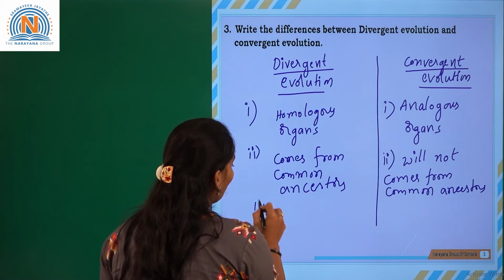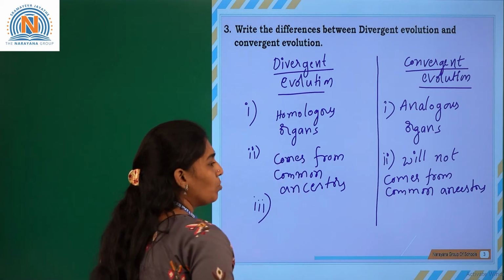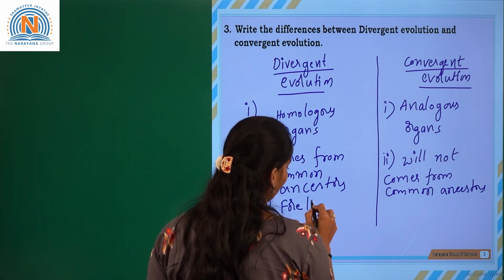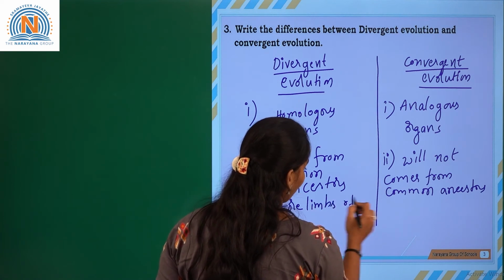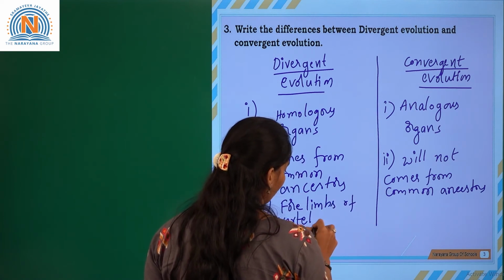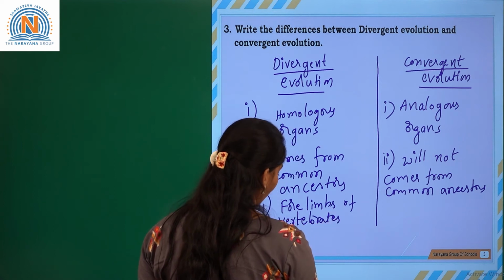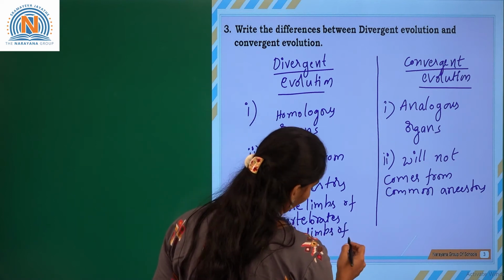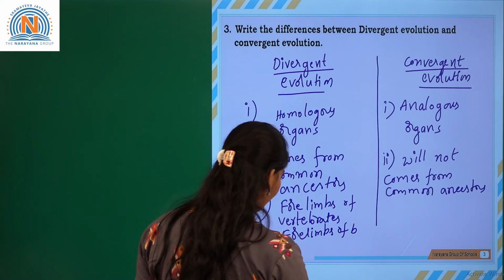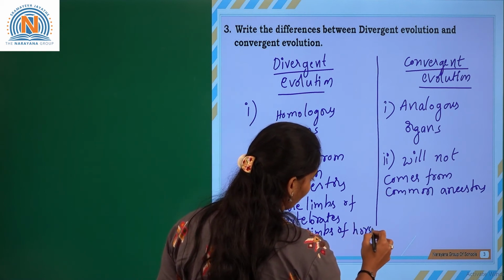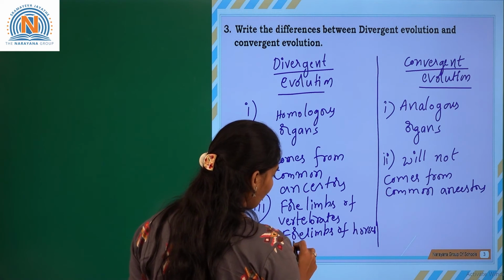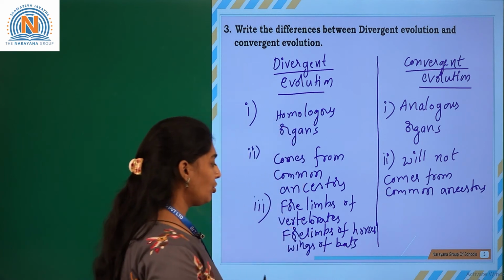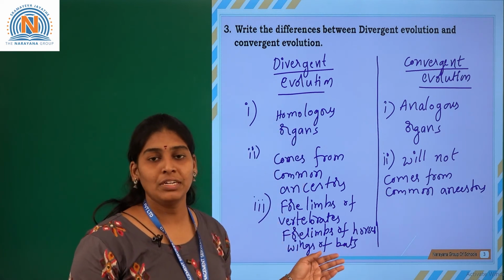The best example for homologous organs we can write is forelimbs of vertebrates, forelimbs of bat, forelimbs of horses, wings of bats. These show similar structure but different function.